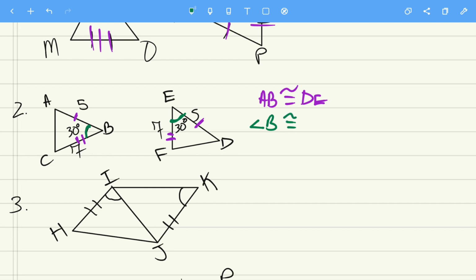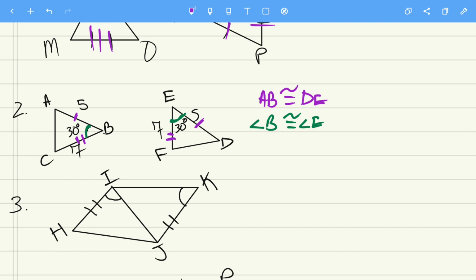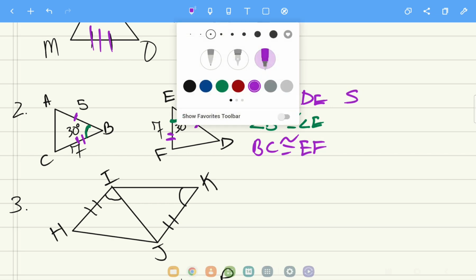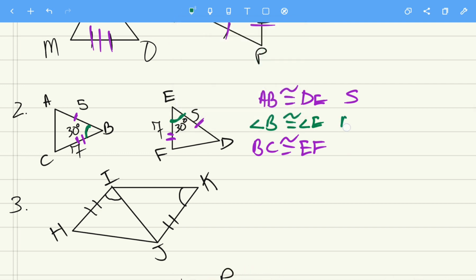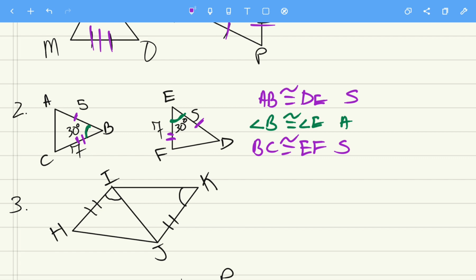Angle B is congruent with angle E. And BC is congruent with EF. This is side, angle, side. So they are congruent because of side, angle, side. Okay.